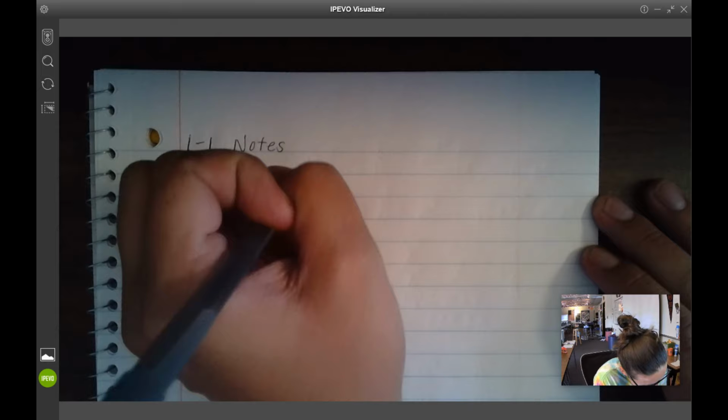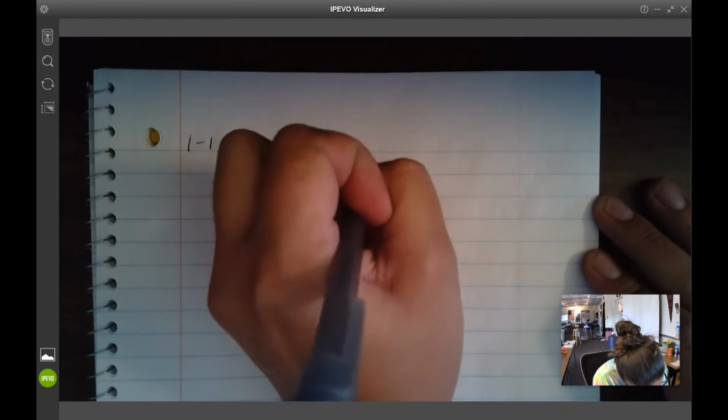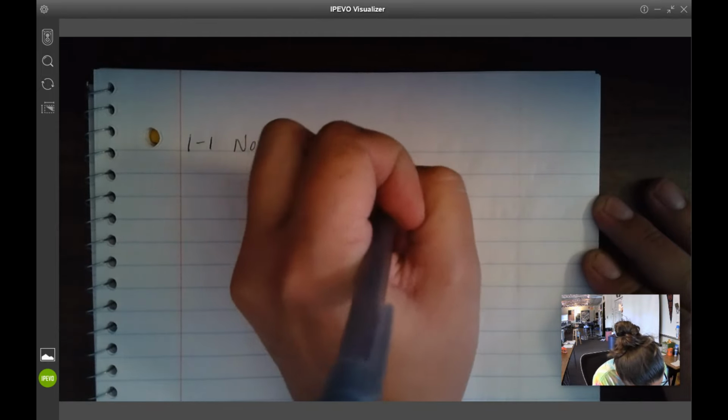All right, everybody, we are going to get started with chapter 1 of Algebra 2, and that begins with section 1.1. The first thing that we are going to talk about is different kinds of numbers. Everything that we've talked about so far is under the category of real numbers.